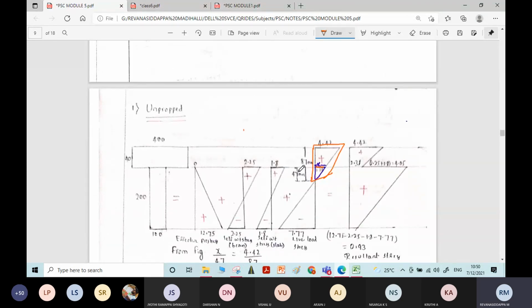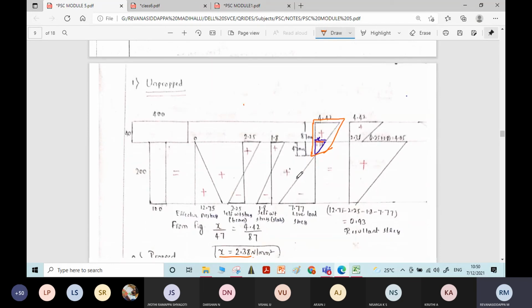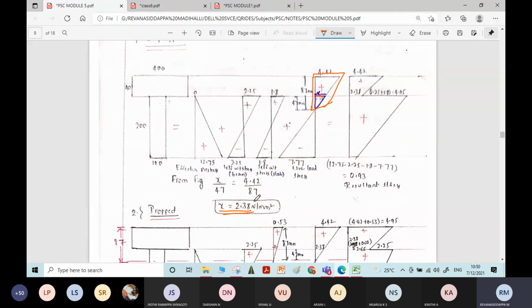In that way you get the height of the smaller right angle triangle. Applying this similarity rule, x is equal to 2.38. Then coming to the resultant diagram, at the top there are no stresses, only 4.42 is there. You write 4.42.